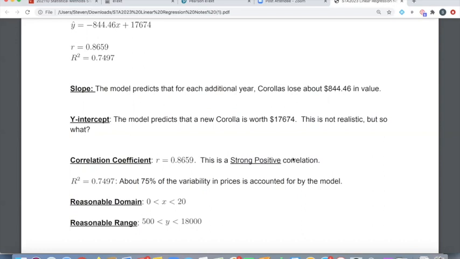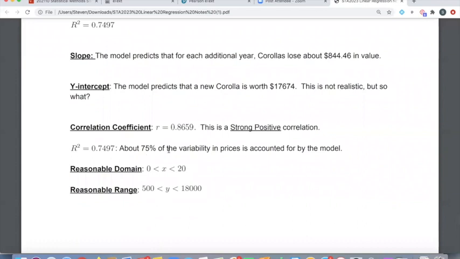And they say, sure, that'll cost you negative $50. Of course, it doesn't make any sense. But so what? We don't care about that. We only care about values in a certain range. These models that we're building are not meant to work forever. So we have to come up with what we think is a reasonable domain.